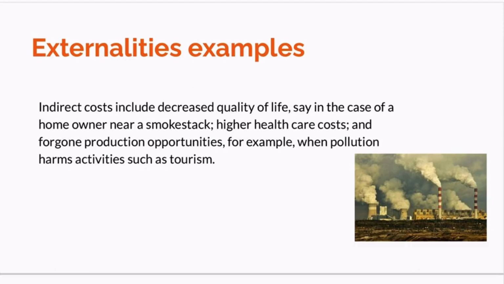Like, for example, what would be the increase in the healthcare cost because of pollution, or what are the foregone production opportunities for the farmers, or it could be that there are some hotels around that power plant, but because of the pollution, the tourism would be adversely affected. All these things. So all these are indirect costs, and this indirect cost, if you compute and add to the private cost, that becomes the social cost.